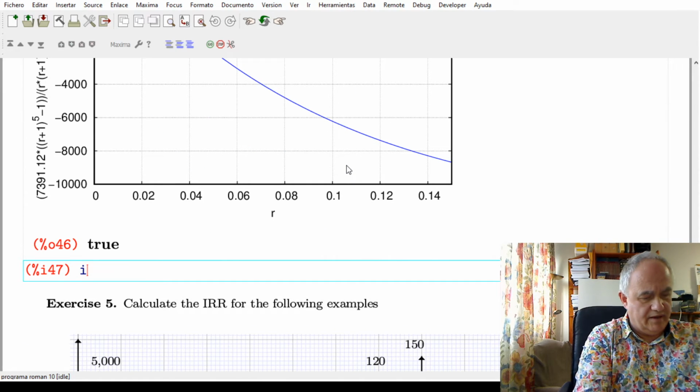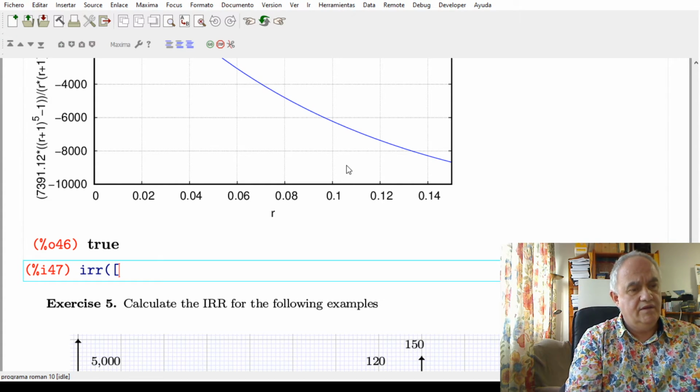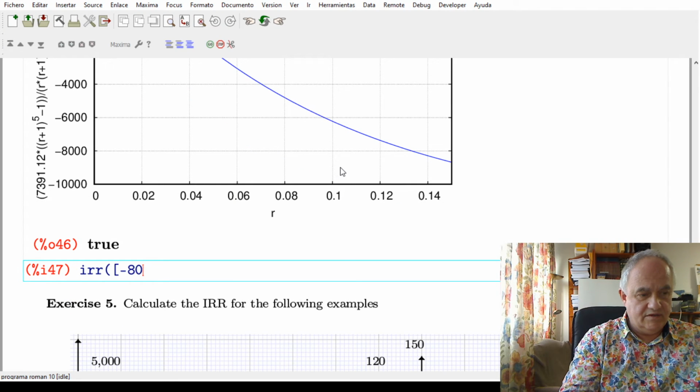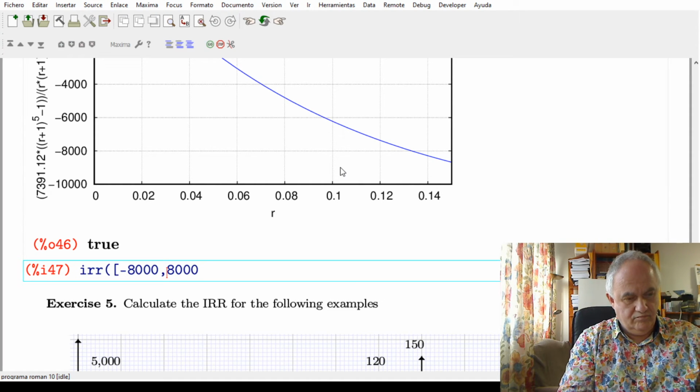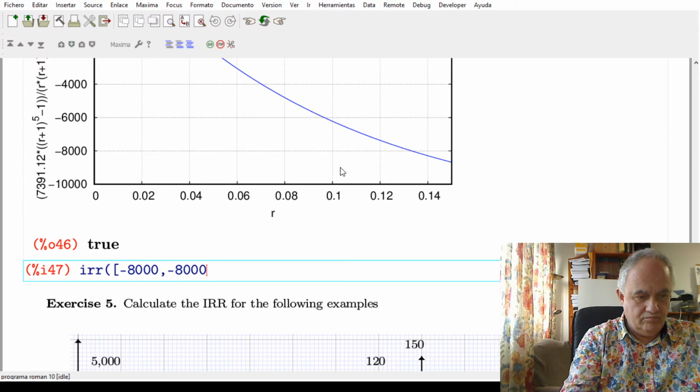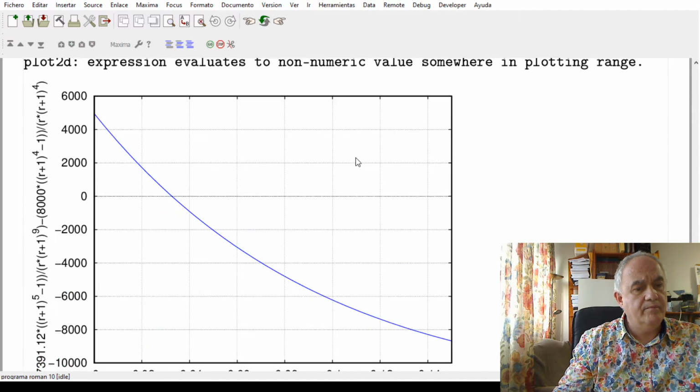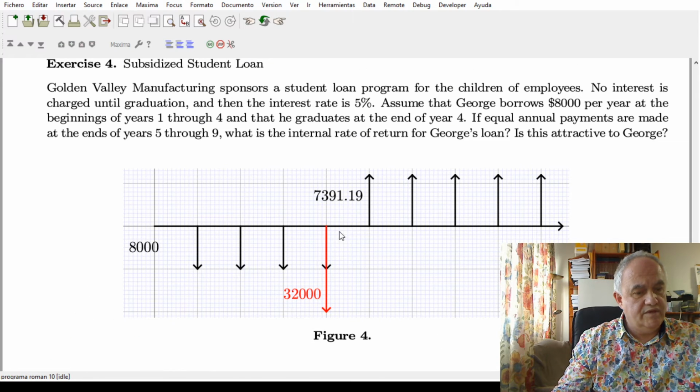But what is the actual value? Let's be more precise. Okay. Here we will introduce then minus 8,000, minus 8,000, sorry, minus 8,000, negative, comma, minus 8,000, comma. Okay, we're here.